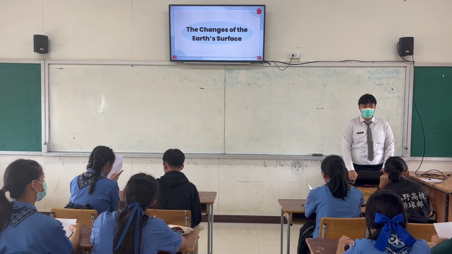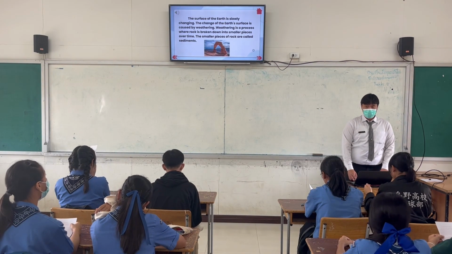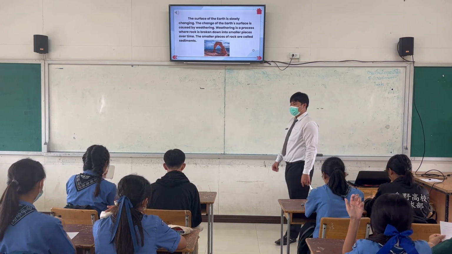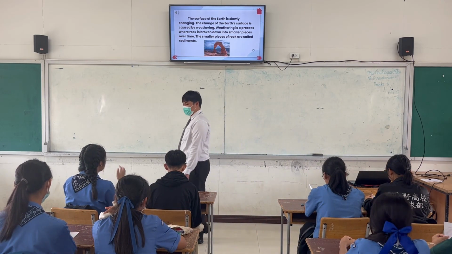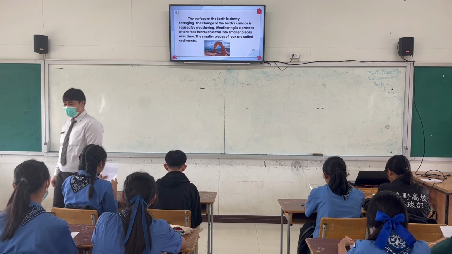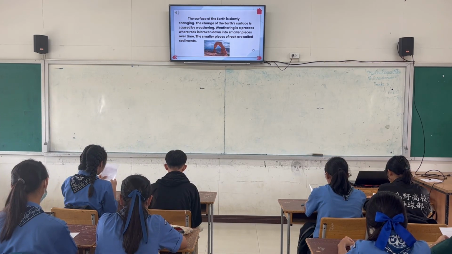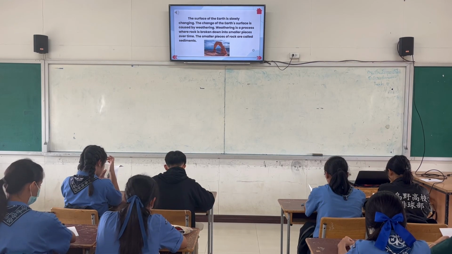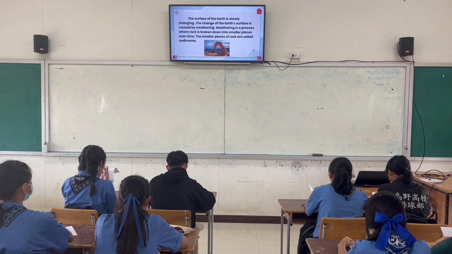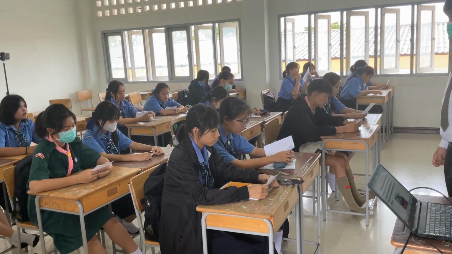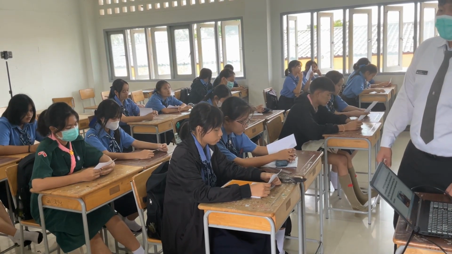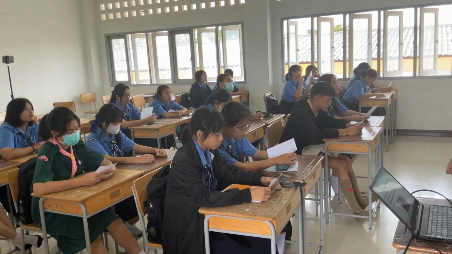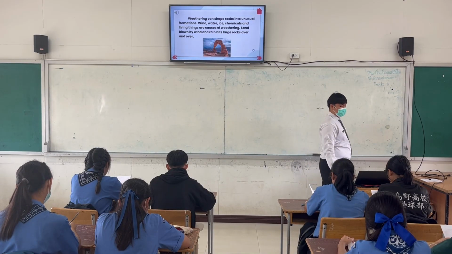Please listen carefully. The surface of the Earth is slowly changing. The change of the Earth's surface is caused by weathering. Weathering is a process where rock is broken down into smaller pieces over time. The smaller pieces of rock are called sediments. Weathering can shape rocks into unusual formations. Wind, water, ice, chemicals, and living things are causes of weathering.